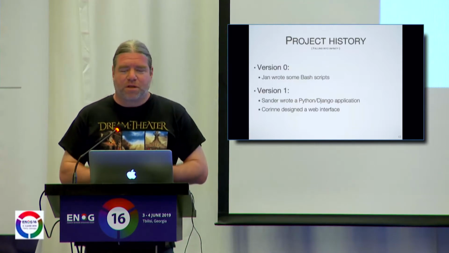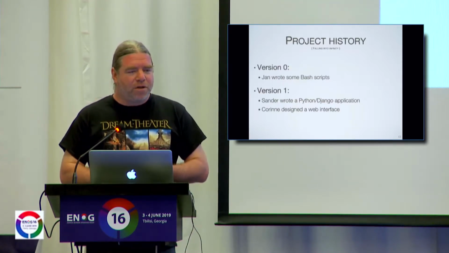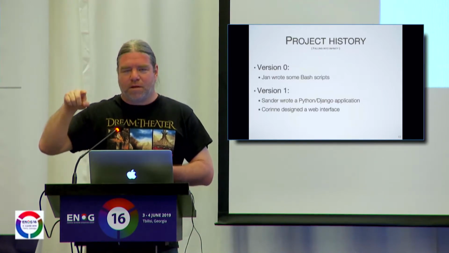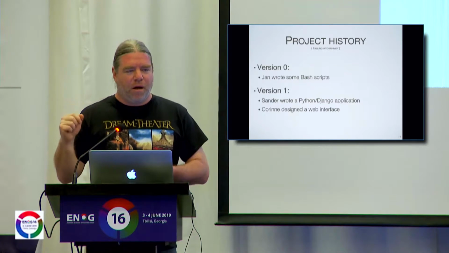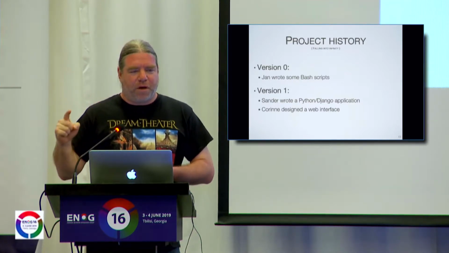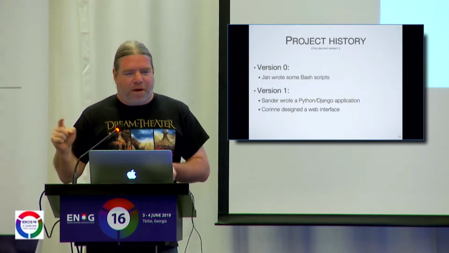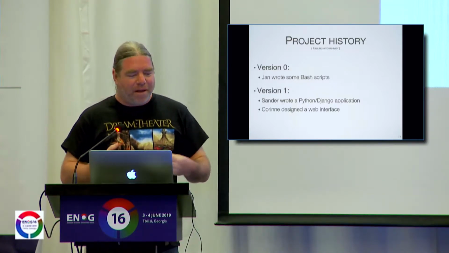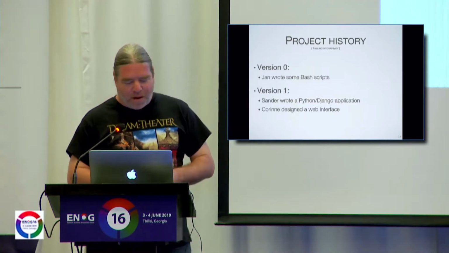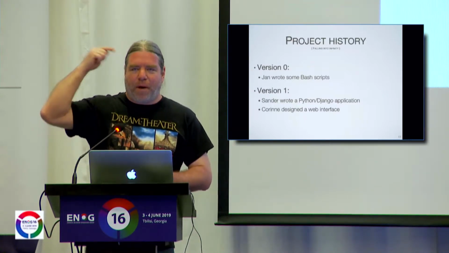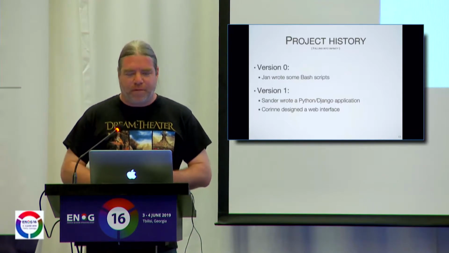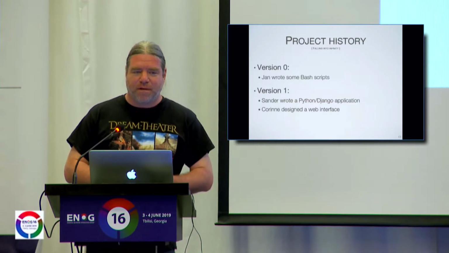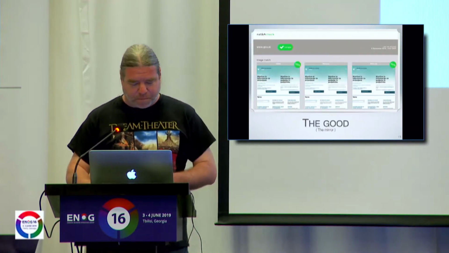So version 0 was some bash scripts, and then I showed them to Sander Stefan, and he looked at them and said, okay, I understand the idea, but please, sir, step back from the keyboard and delete the whole thing, because it was awful. But I put the idea in his mind. So he wrote version 1. It's a Python Django application, and Corinne designed the interface.